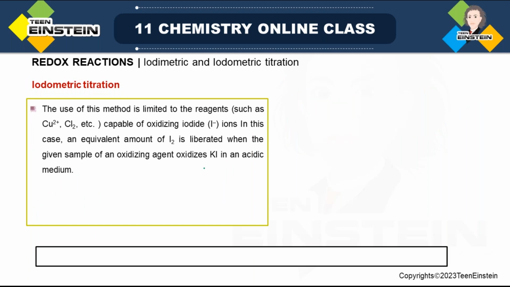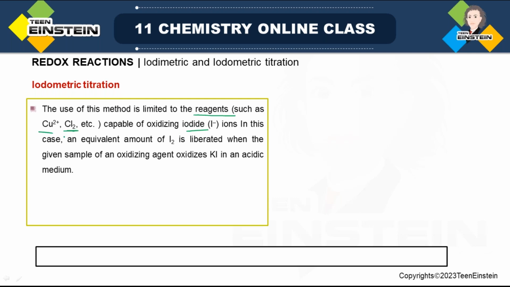Next one is iodometric. The use of this method is limited only to the reagents which have the capacity to oxidize iodide. So not just any oxidizing agent, it should be such that it can oxidize I minus. Here we have 2 examples, copper 2 plus and chlorine.